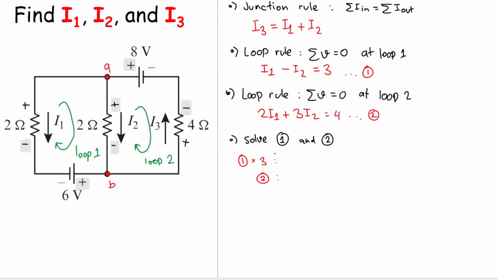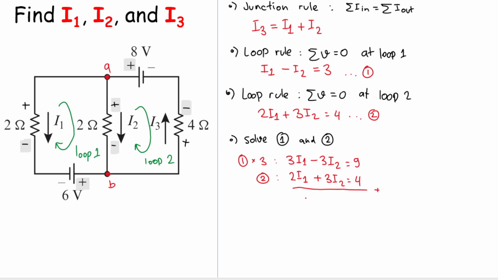And multiplying equation 1 by 3 results in 3I1 minus 3I2, and that will equal 9, right? And this one here we will have 2I1 and then plus 3I2, and that will equal 4. Okay, we can add them up here to cancel this minus 3 and 3, right?